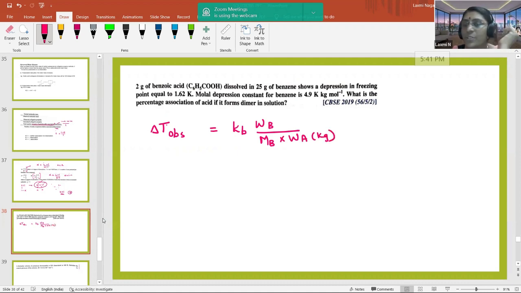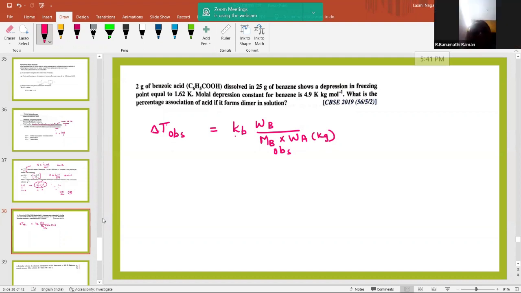That's how the expression goes. Delta Tb is equal to Kb into m. If you do not include the correction factor, this is observed. No correction factor has been introduced. This will give you the observed result.